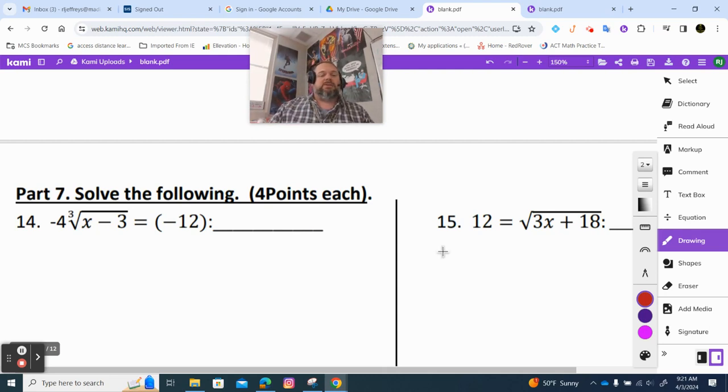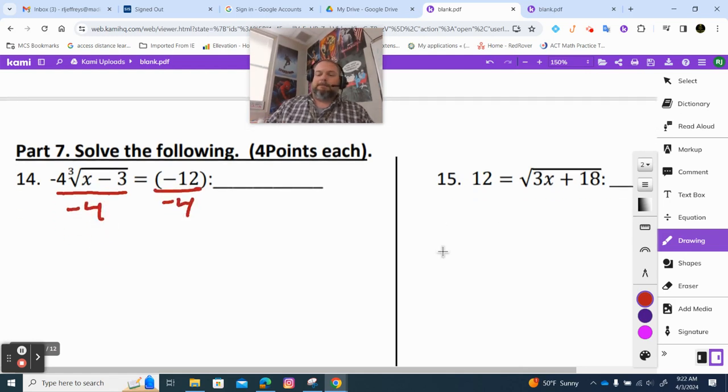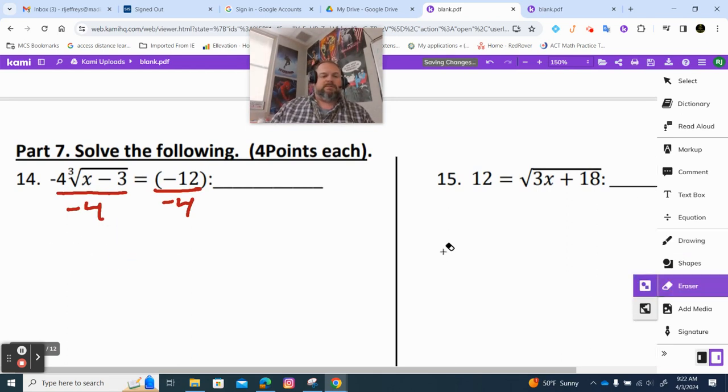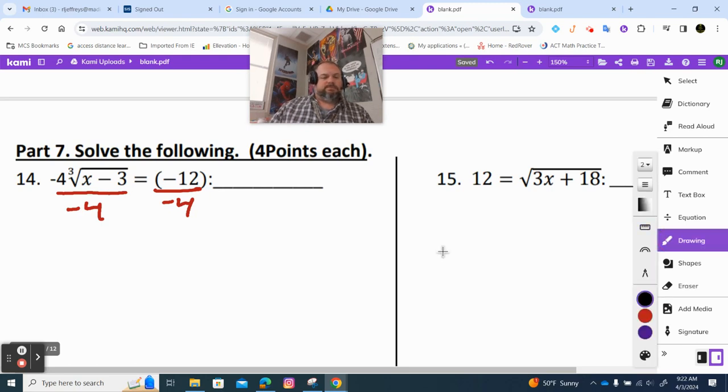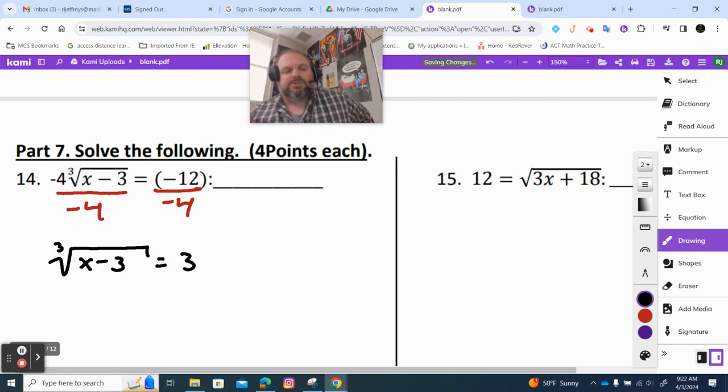No. So what do we have to do first? Divide by -4? Yeah, isolate it. Okay. So now we have the cube root. Now it's isolated.